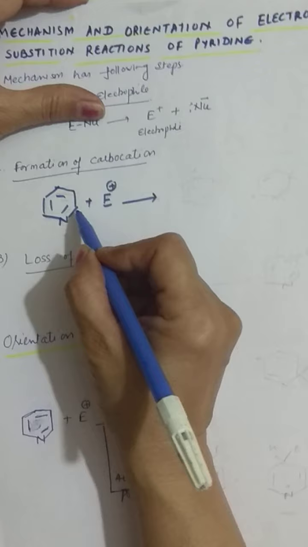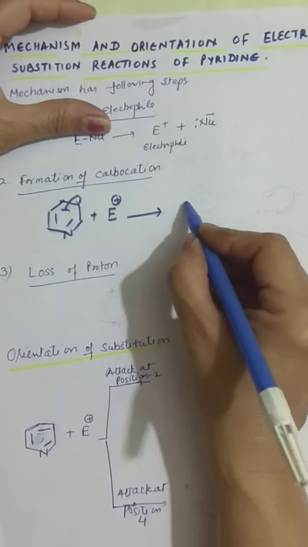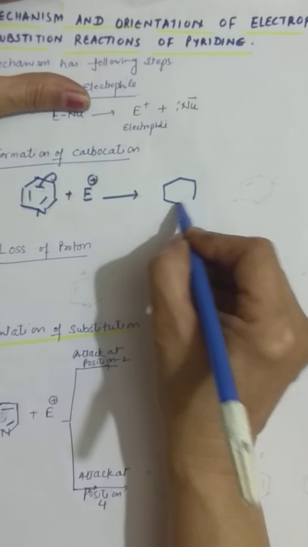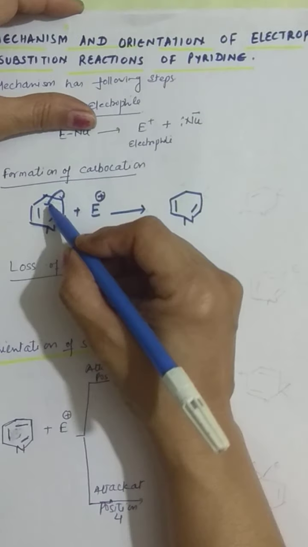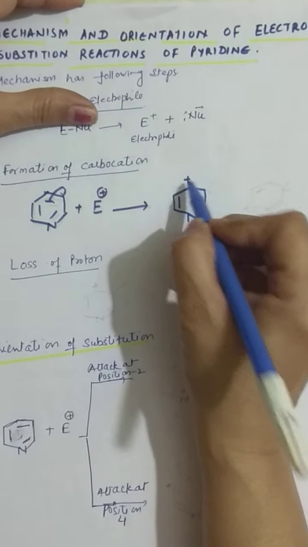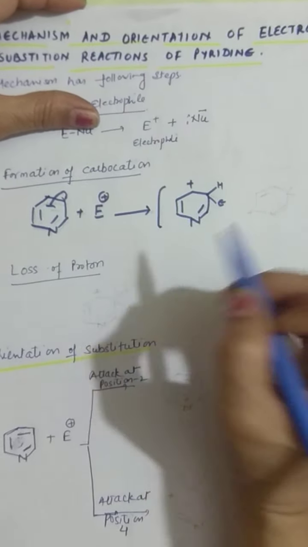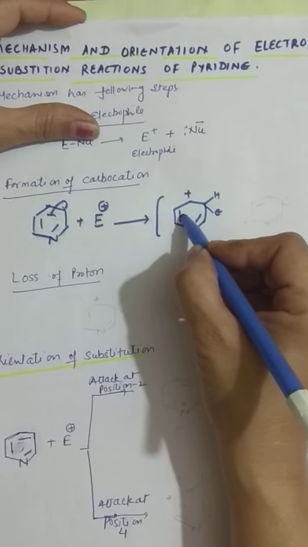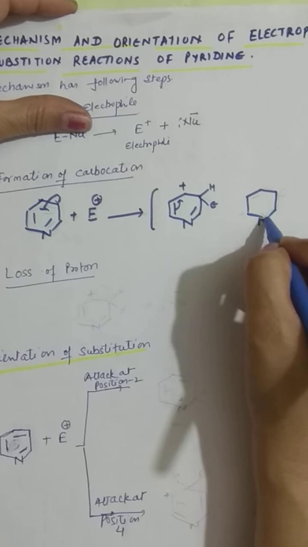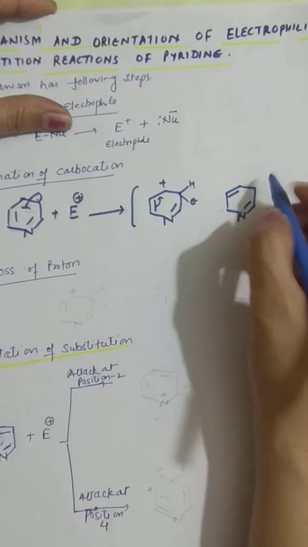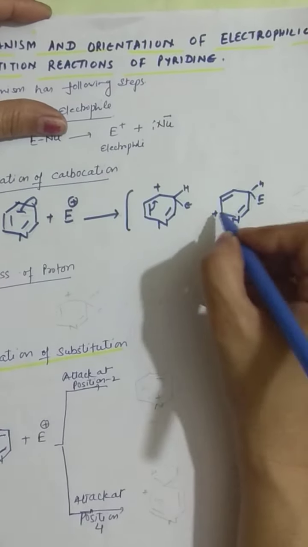Which one? 1, 2 and 3. So this electron density is shifted to this carbon. This bond is here, this bond is here. Because electron density is shifted from this carbon, it acquires the positive charge. Again, this electron density is shifted here. So we get the bond here, and this acquires the positive charge.